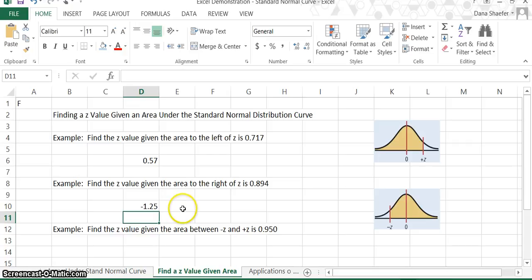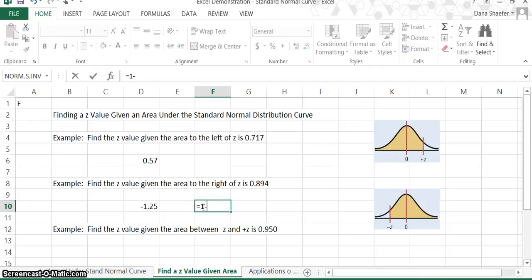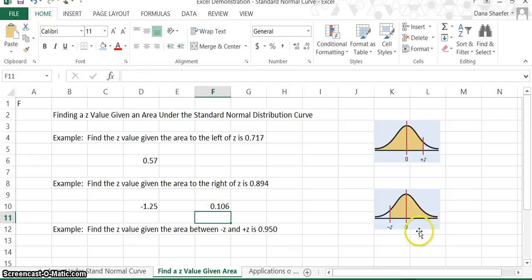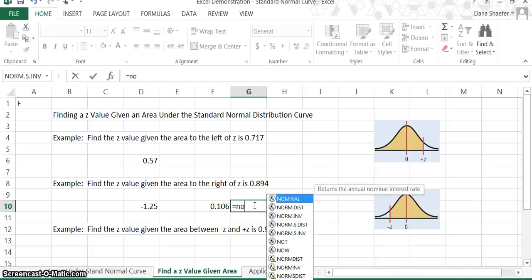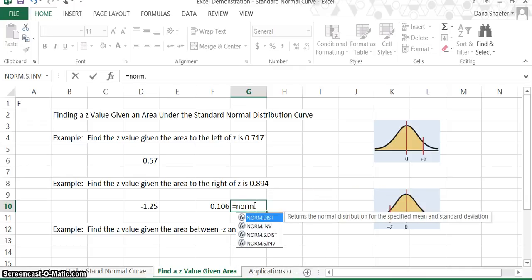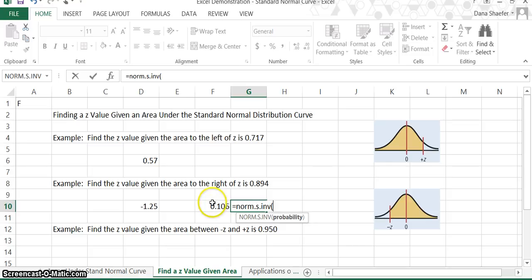If you would have felt more comfortable, we could have said 1 minus 0.894. And that would have been the area that went along with this blue area. And then we could have said equals NORM.S.INV of this.